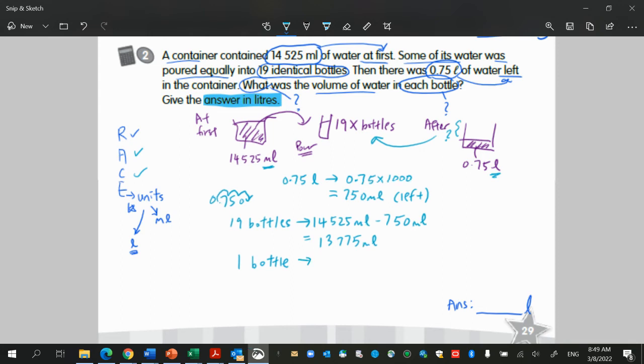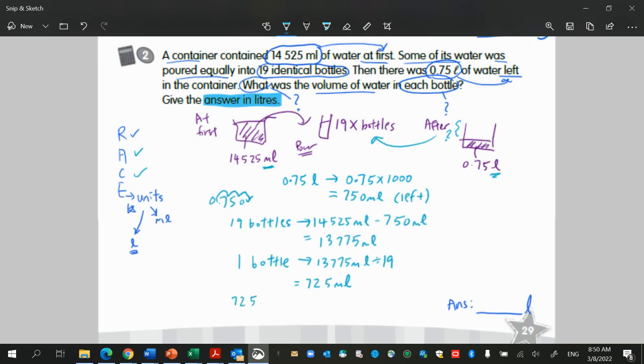So for one bottle I will have 13,775 milliliters divided by 19 bottles. I can at this point use my calculator again, and that gives me 725 milliliters.